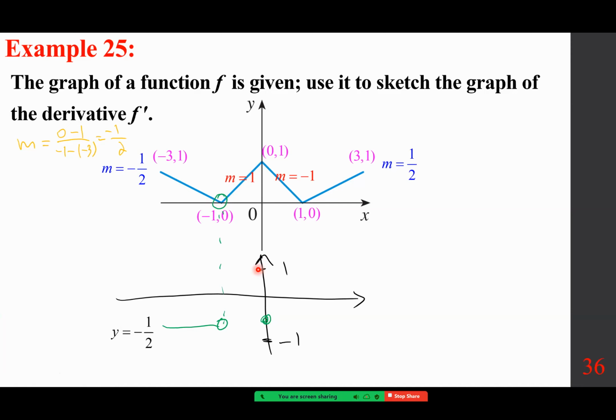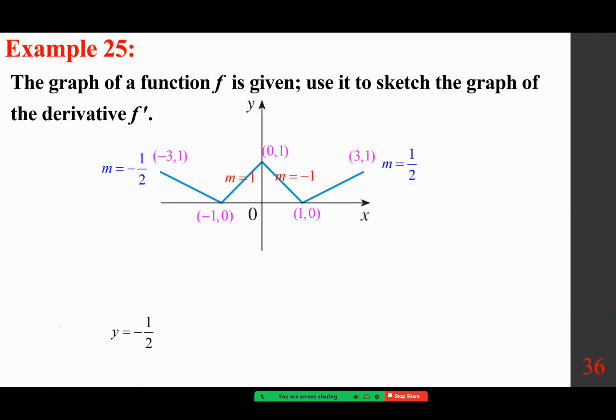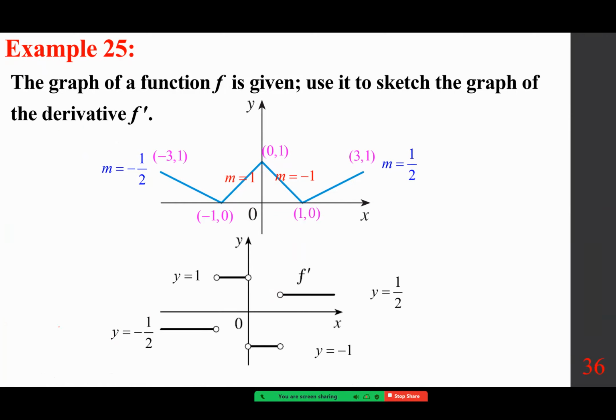So you draw m equals 1. There is a hole here. There is a hole here. And you continue with the rest of it. So let's clean up the mess and show the graph for all of this.